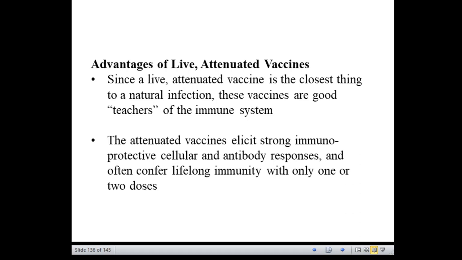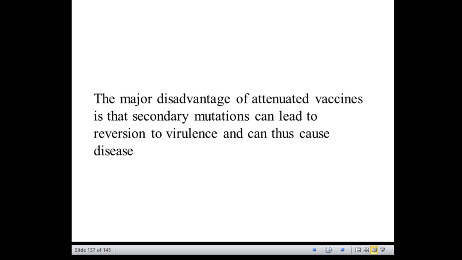The attenuated vaccines elicit a strong immunoprotective cellular and antibody response, and they also confer immunity for a long time, and in many cases lifelong immunity with only one or two doses. So these are the typical advantages of live attenuated vaccines.